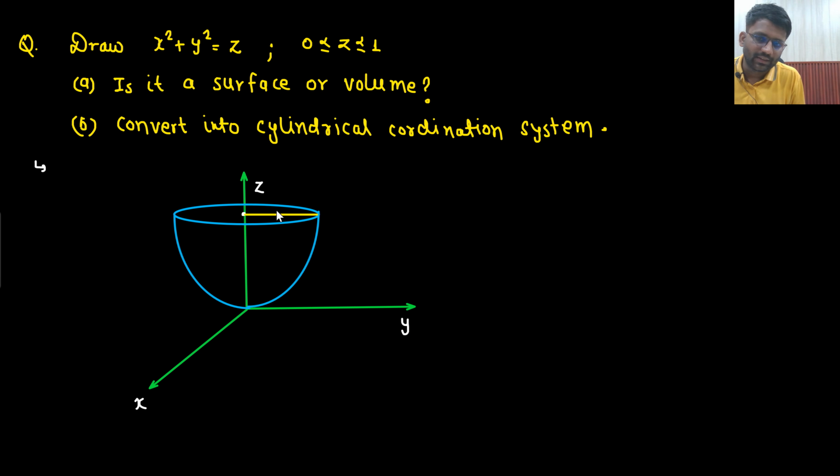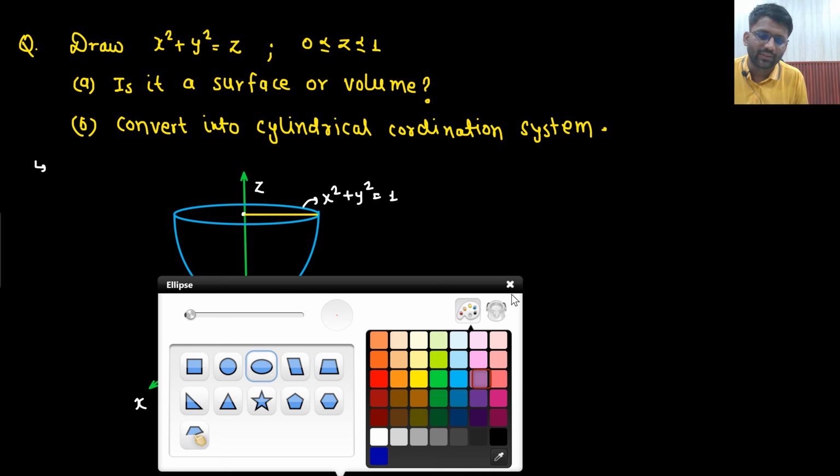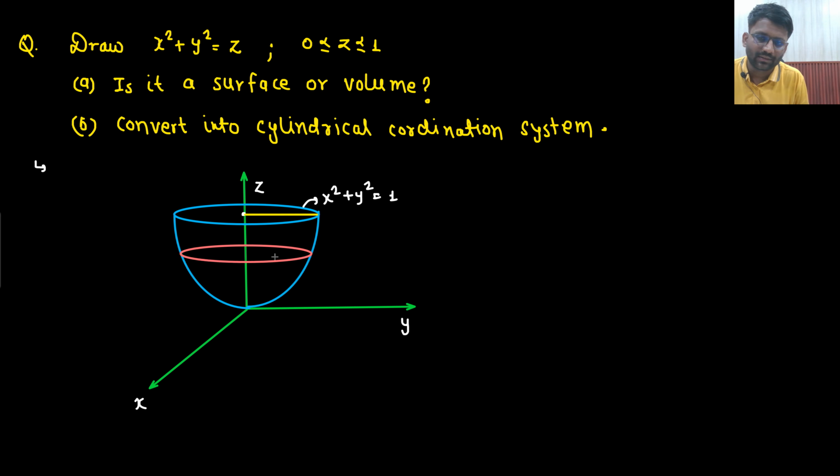Here this radius will be 1. Basically this will be the circle of x square plus y square equals to 1. Inside that as well there will be some circles. Right? There will be circles and circles and circles. I hope you know how the structure would look like. These kind of circles would be there.